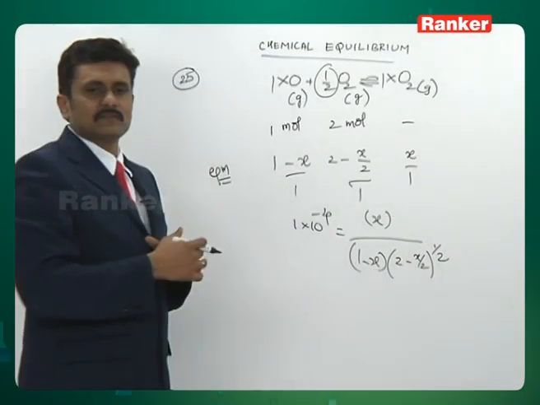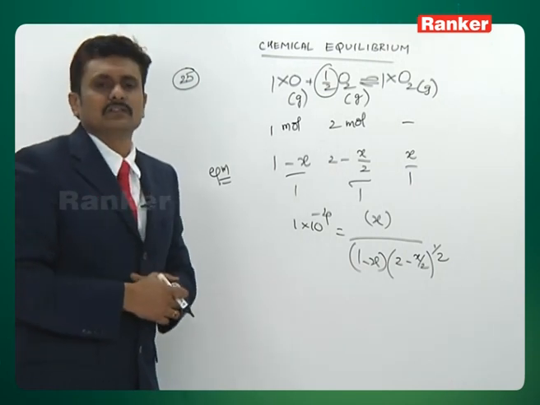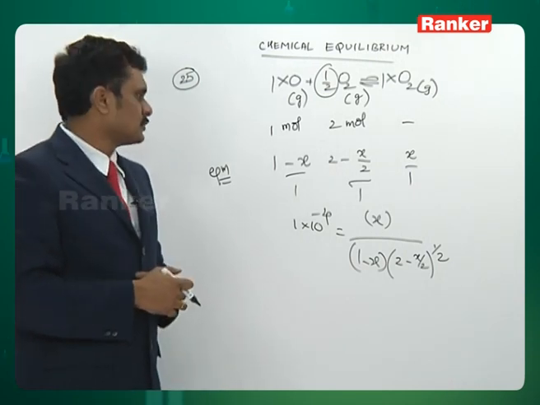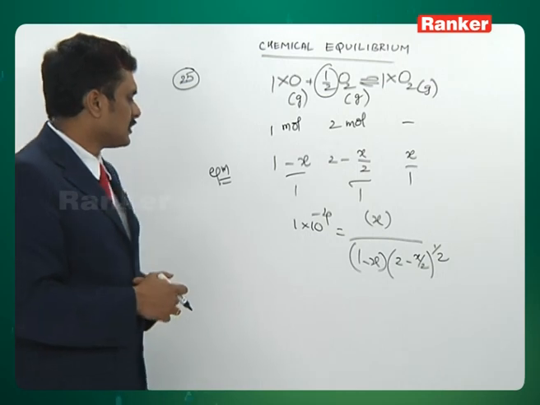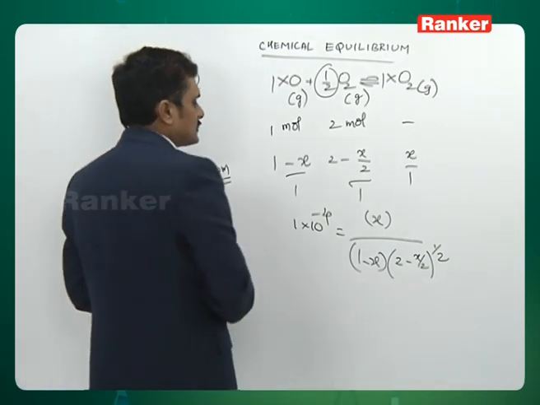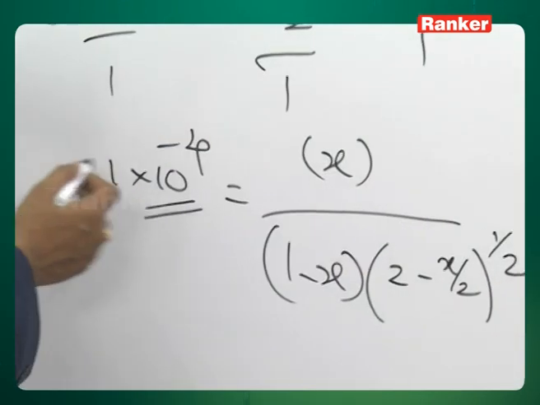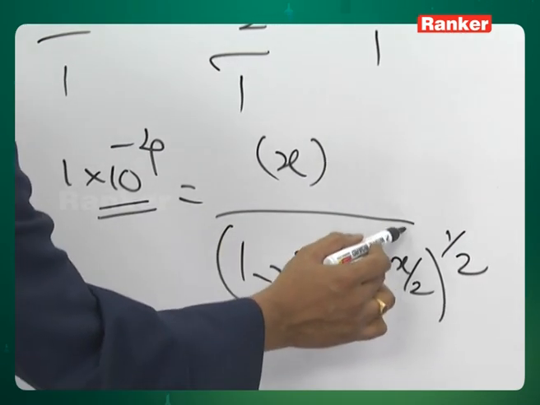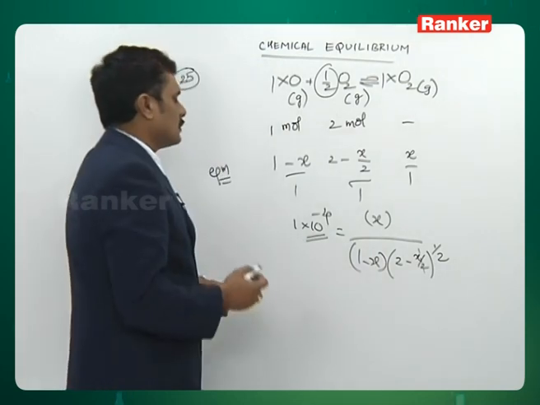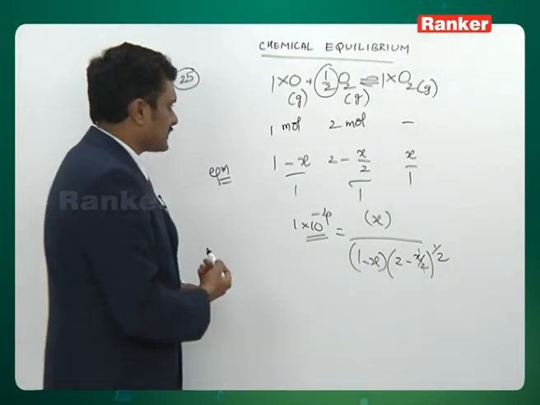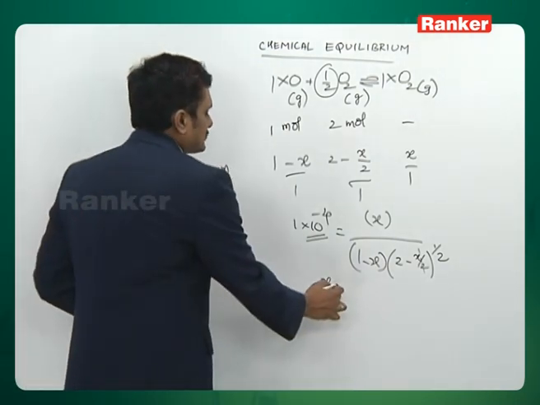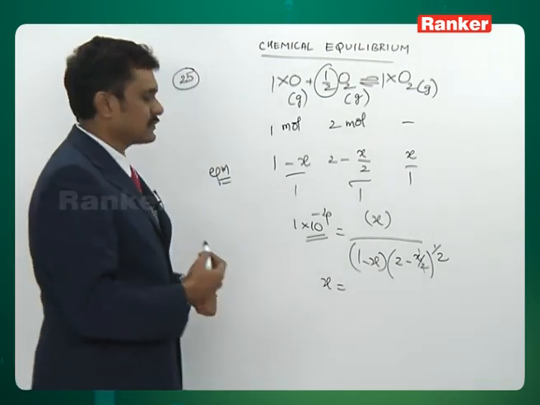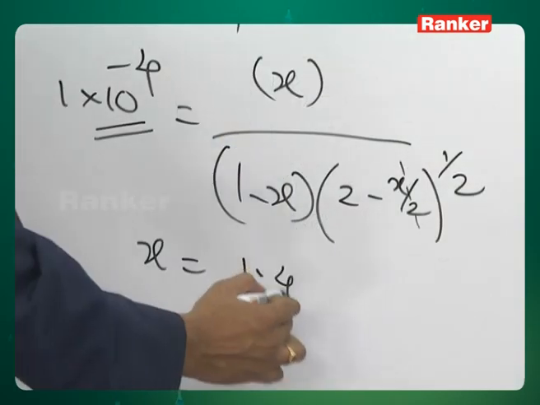Now simplification of this will fetch you the concentration of XO2 at equilibrium, because here in such cases you can see that the value of equilibrium constant was found to be very low. So, you can neglect the values like x as well as the x by 2 when compared to 2, and after simplification the value of x will be obtained to be 1.4 into 10 to the power minus 2 mole per liter.